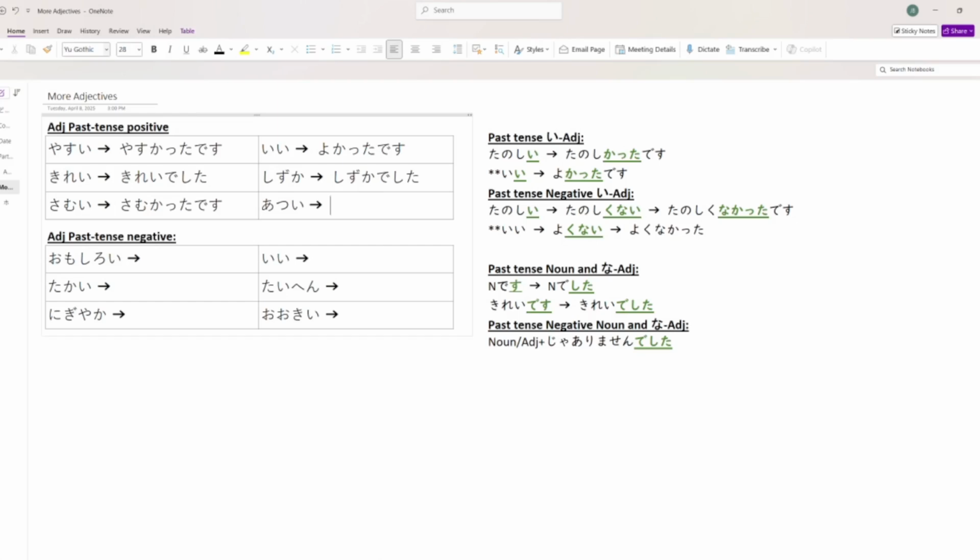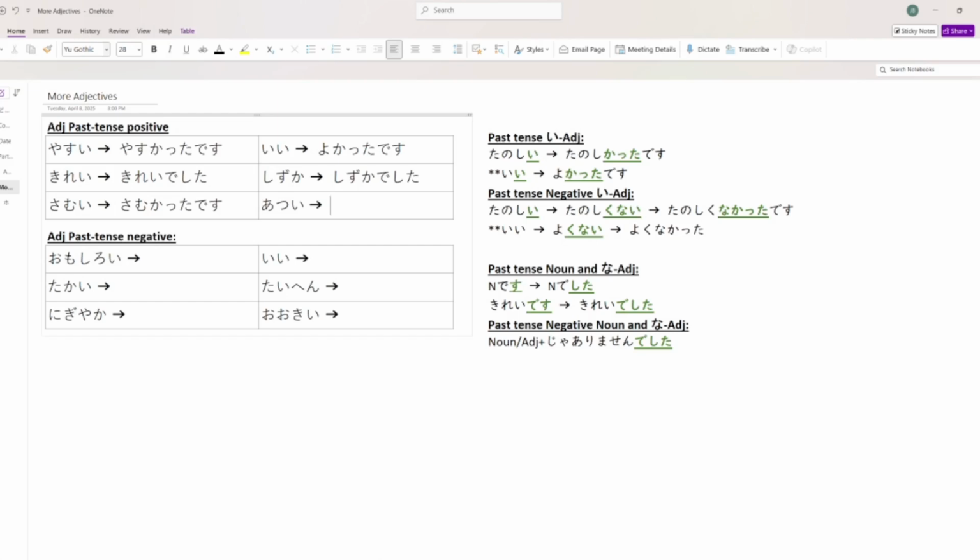Alright, last one here for positive past tense. We have atsui. Atsui, and this is hot or warm, right? Okay.